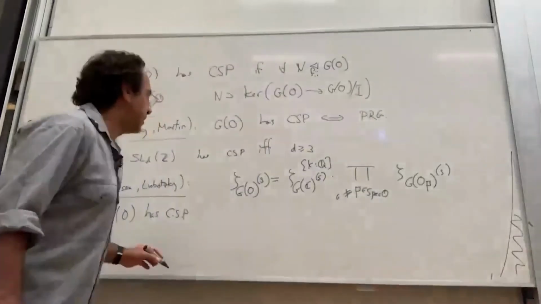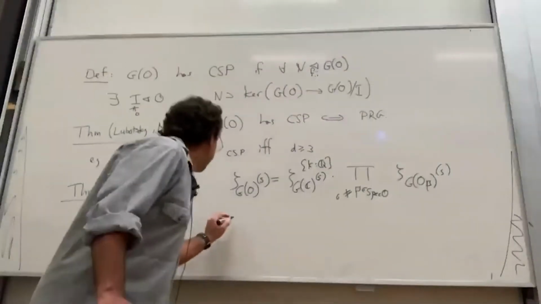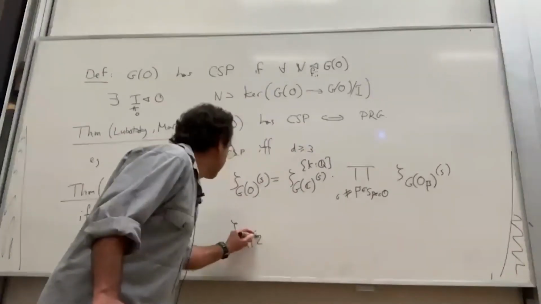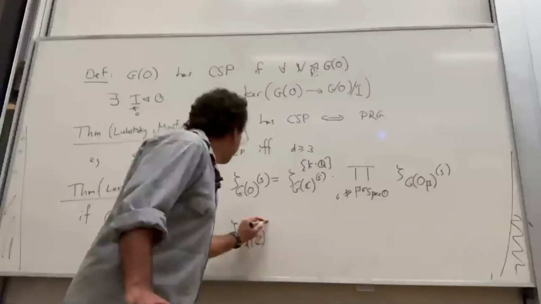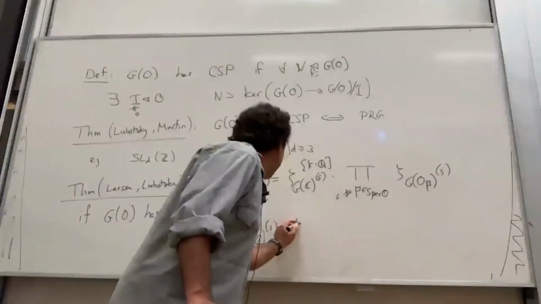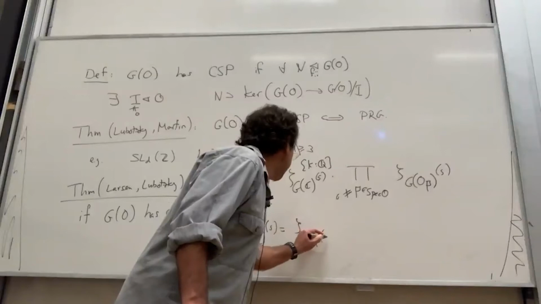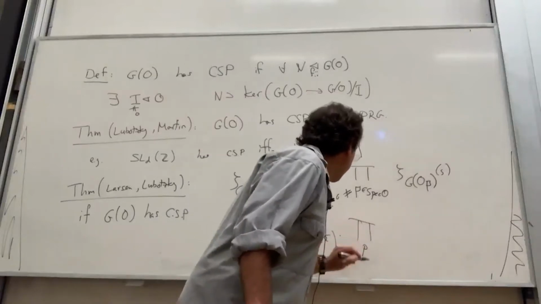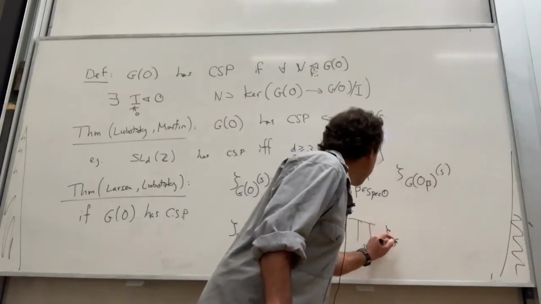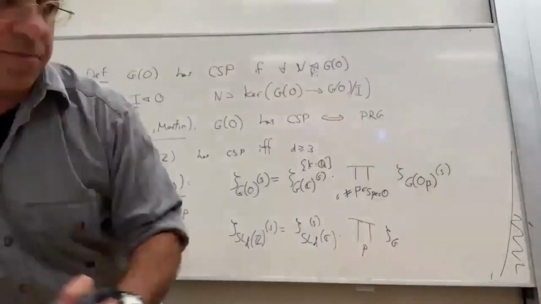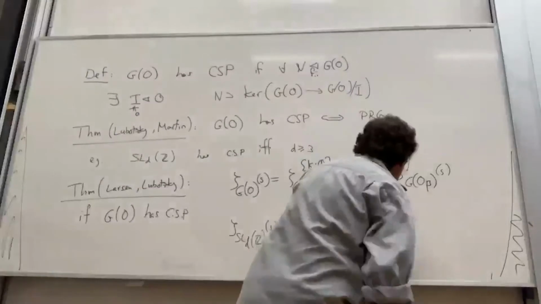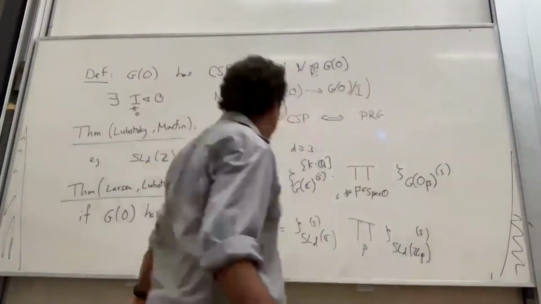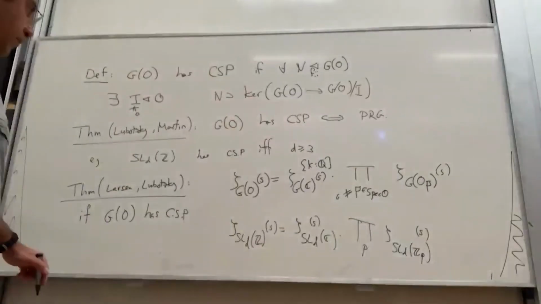Let me spell it out in an example. That means that the zeta function for SL_d(Z) is a product of the zeta function of SL_d(C) times the product over all the primes of the zeta function of SL_d(Z_p).